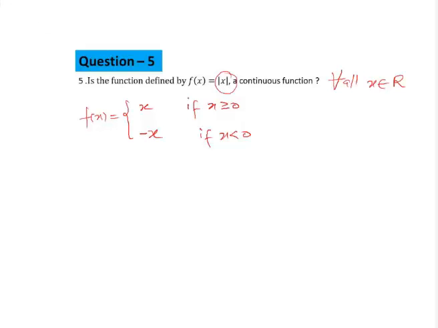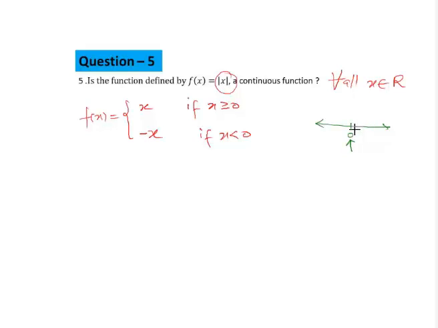In order to check this, this is our real number line, this is 0. We're going to check in 3 cases. First, if x equals 0, then what about the continuity? Next, when x is greater than 0, we don't need to check all the points greater than 0.